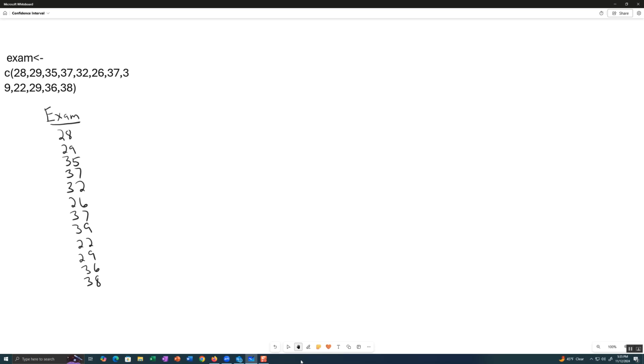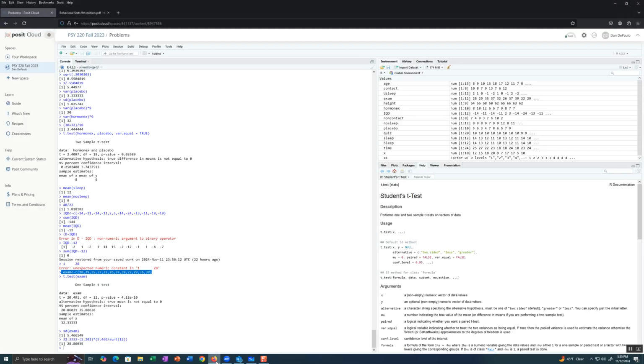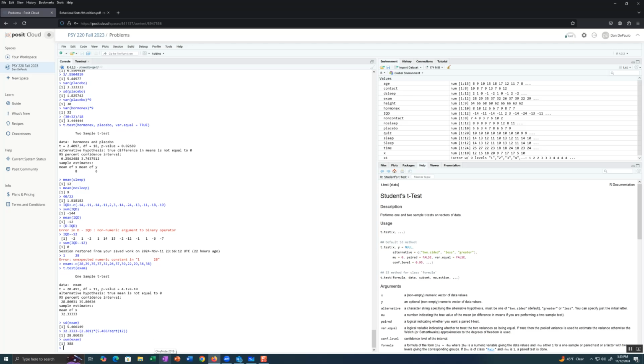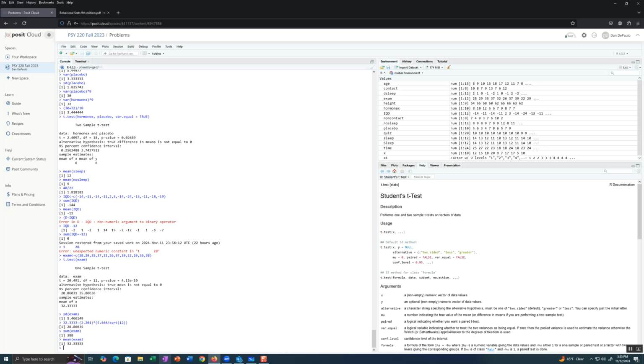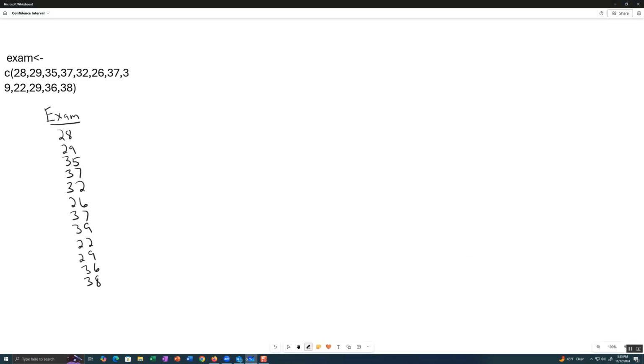Let's find the sum and let's find the mean. So the sum of exam, this way I don't have to worry about breaking out the calculator, is 388, and the mean of exam is 32.33. So this sum is 388, and then to find the mean is going to be the sum divided by n, which is 1, 2, 3, 4, 5, 6, 7, 8, 9, 10, 11, 12 here.